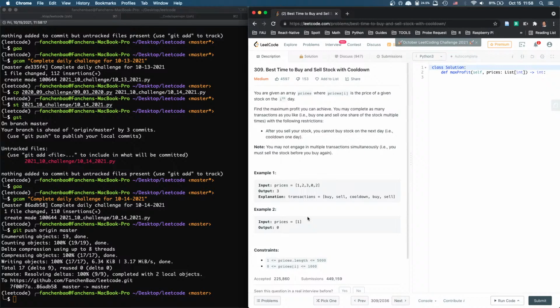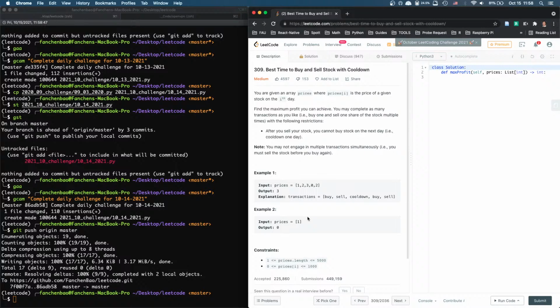The empty state is going to be the previous empty state or the previous cooldown state, which in this case is just 0. Now cooldown state can only be from the sell, right? So the previous is 0, and the sell is going to be from the holding state, and we have 0 in the holding state.